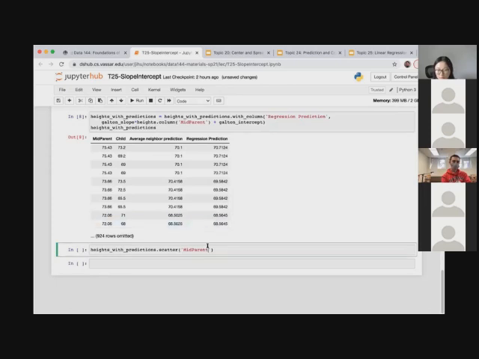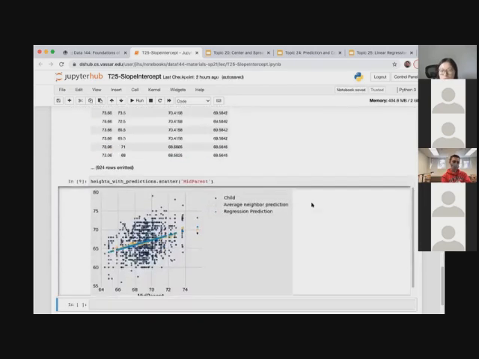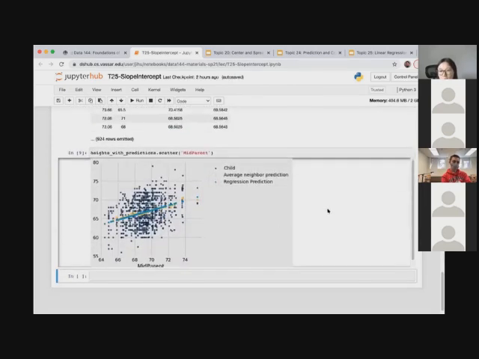And lastly, I want to show all of the two different types of predictions that we have done. The darker blue is still the actual observed child's height, and the nearest neighbor prediction is still in the yellow color. The regression prediction that we're doing over here is the lighter blue.